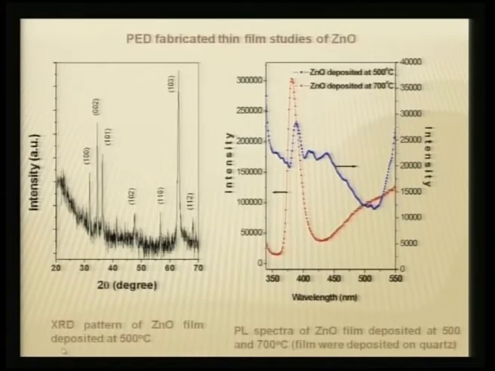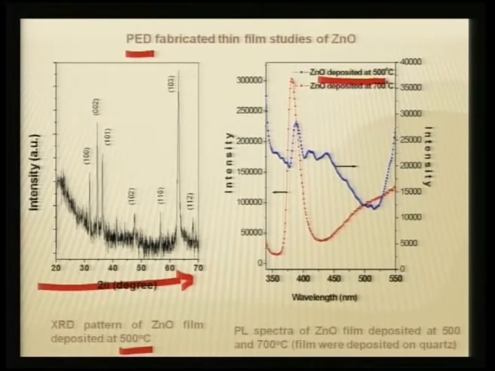And what would happen? This is the X-ray pattern that you get from the zinc oxide film deposited at 500 degrees C. Now you can clearly see that the zinc oxide prepared at 500 degrees C using a PED chamber shows a very sharp, intense 380 nanometer emission peak, although the surface defect induced emission seems to be still propping up.